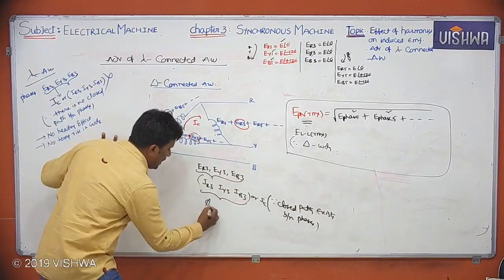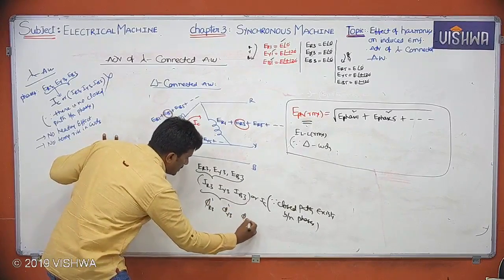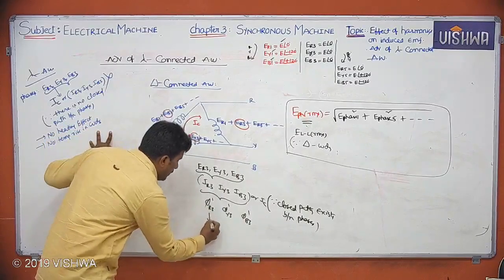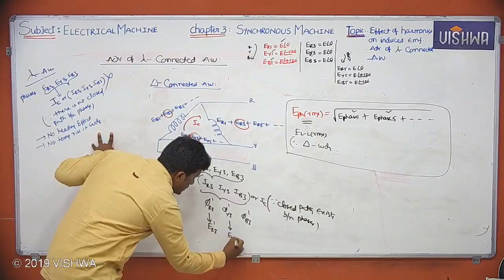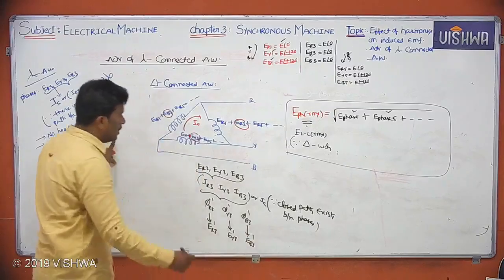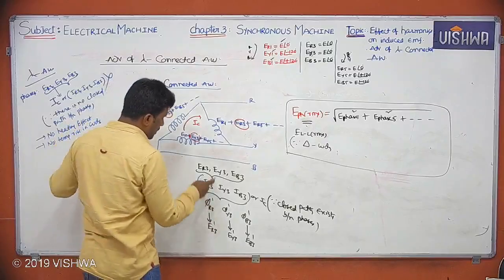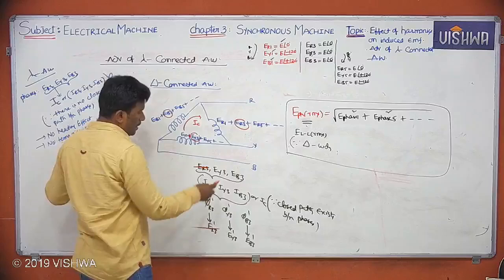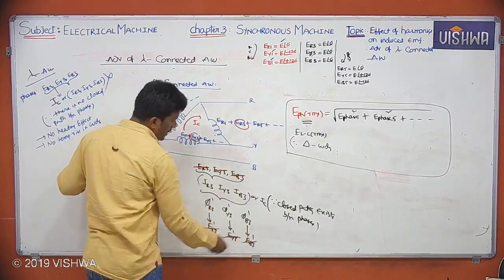Because of these currents IR3, IY3, IB3, some flux will come into picture, which I can call phi R3 dash, phi Y3 dash, phi B3 dash. Because of this flux, you'll get ER3 dash, EY3 dash, and EB3 dash. ER3 will cancel with ER3 dash, EY3 with EY3 dash, EB3 with EB3 dash.